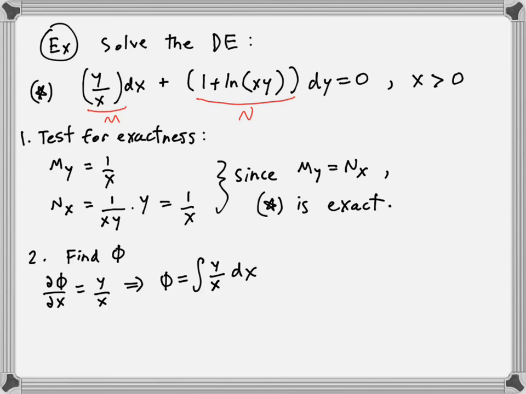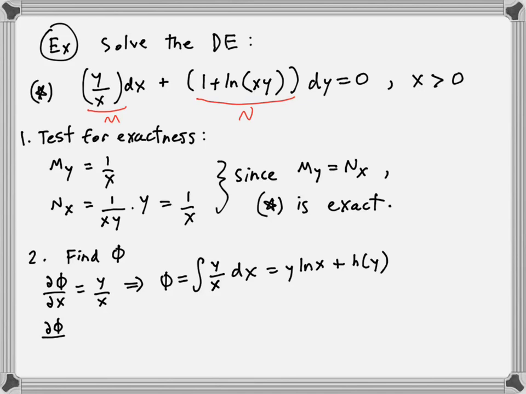This is just going to be y times the natural log of x, because the y can basically just pull out of the integral. Y ln x, but remember this is plus some unknown function of y, because we integrated with respect to x, so any function of y would get killed off by the antiderivative. So we have that, and now let's do the other one.